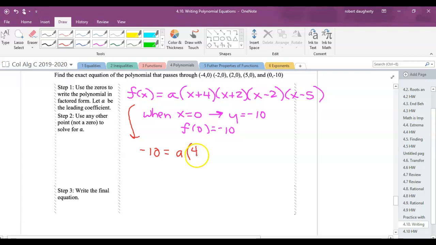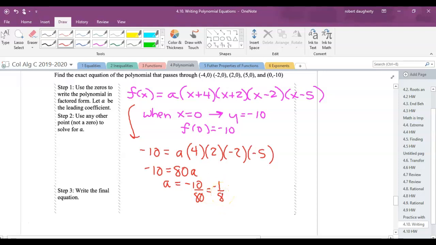I get 4 times 2 times negative 2 times negative 5. And that is what, 10 times 8, that is 80. So negative 10 equals 80a. So what is a? Yeah, negative 10 over 80, which is negative 1/8.